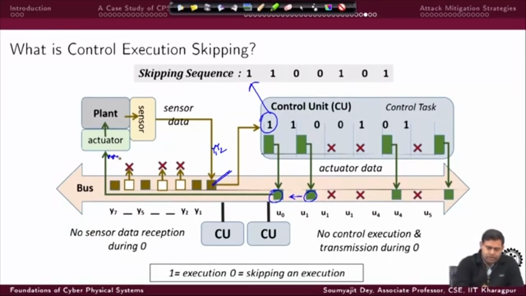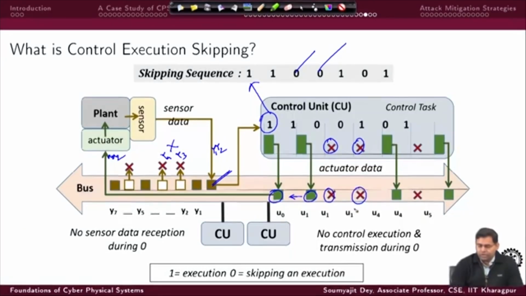So, you have a2, but then you decide not to send, because your schedule says let us not do any communication in the next 2 cycles. So, there is no communication for y3 and y4, and accordingly on the controller side there is no reception and control input computation. So, these things are not computed.